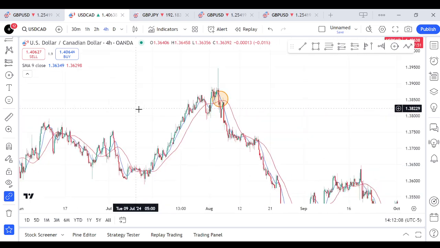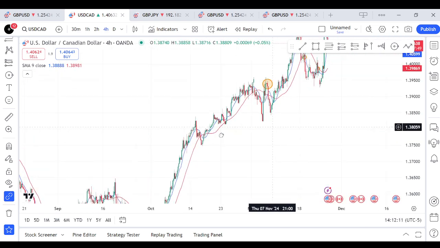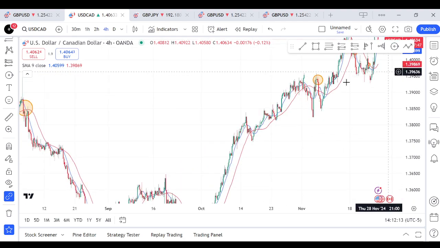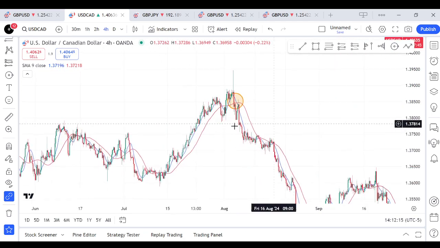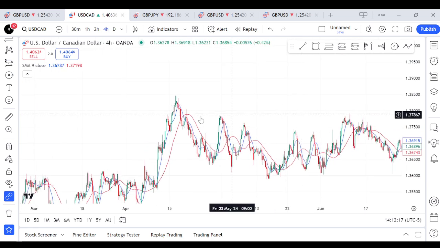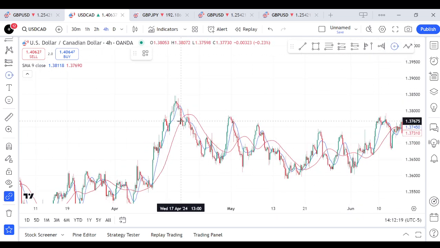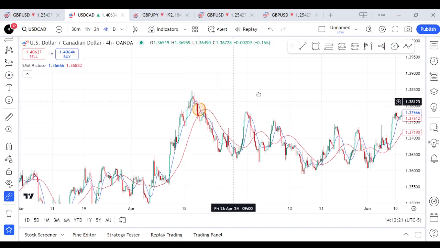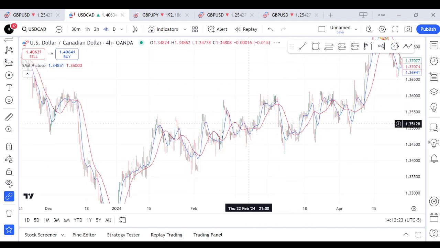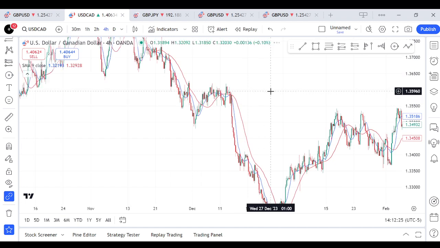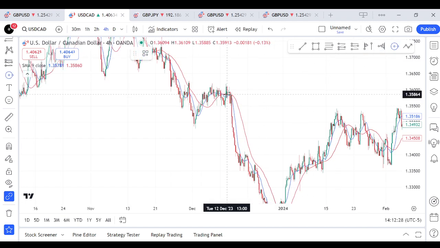So let's just go back. This is the USD CAD, and these are just examples of the bearish crossover.